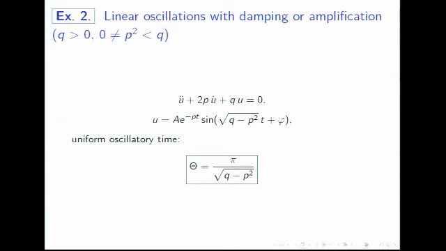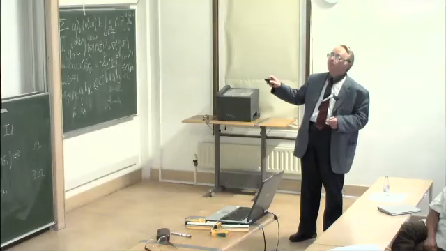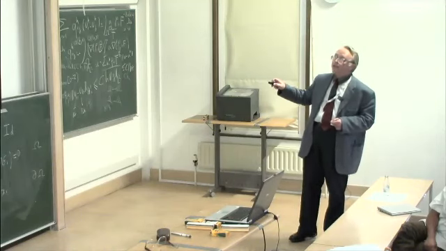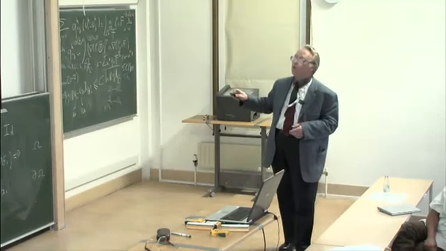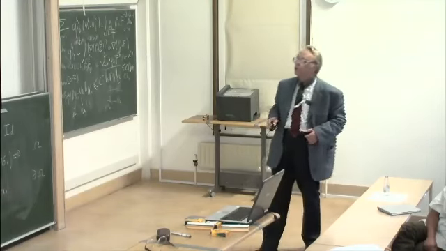Linear oscillations with damping or amplification. Again, we can see the equation with p and q constants, and if p squared is less than q, then this is the formula for general solutions.